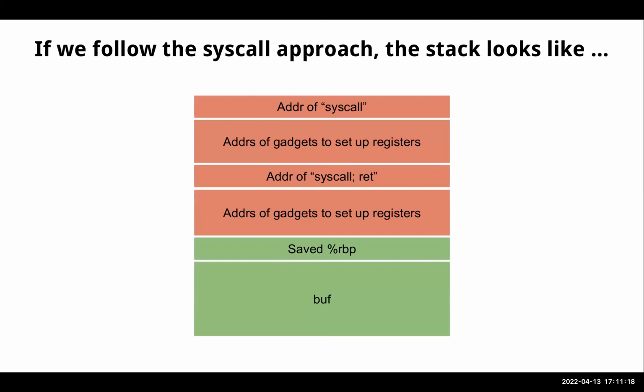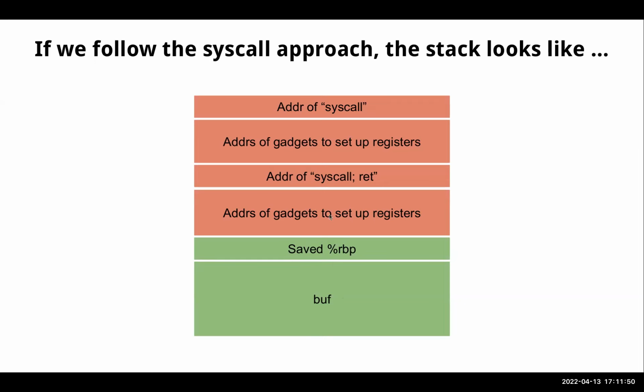So if we follow this approach, if we want to directly map that regular shell code to this ROP chain shell code, this is what we want the stack to look like. This is the vulnerable buffer, this is the saved RBP, and the first item here used to be the return address. So we're going to overwrite it, right?